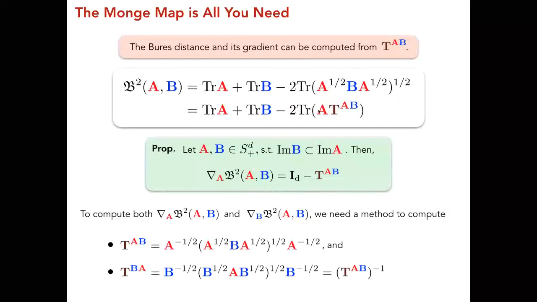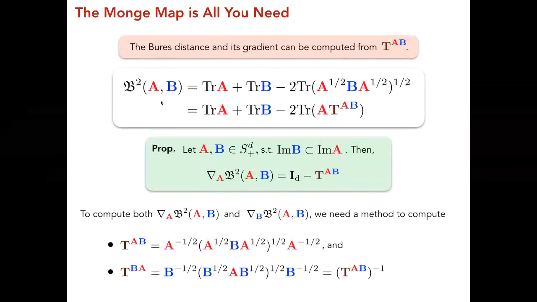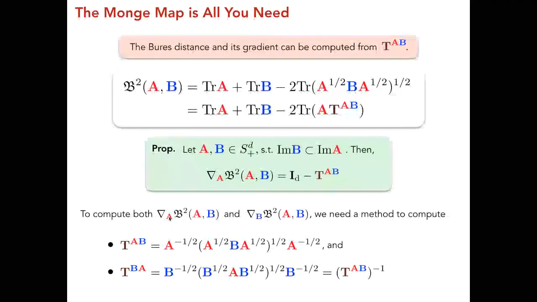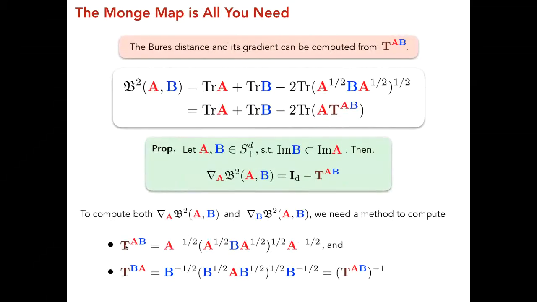And what's more, if you take the gradient of the Bures distance with respect to its parameters, then you can show that it can also be expressed as a function of the Monge map. So if we want to compute the Bures distance and the gradients with respect to A and with respect to B, all we need is a method to compute the Monge map from A to B and the Monge map from B to A, which is the inverse of the Monge map from A to B. So all we need is an efficient algorithm to do that, and that's it. We can compute the distance and the gradients.